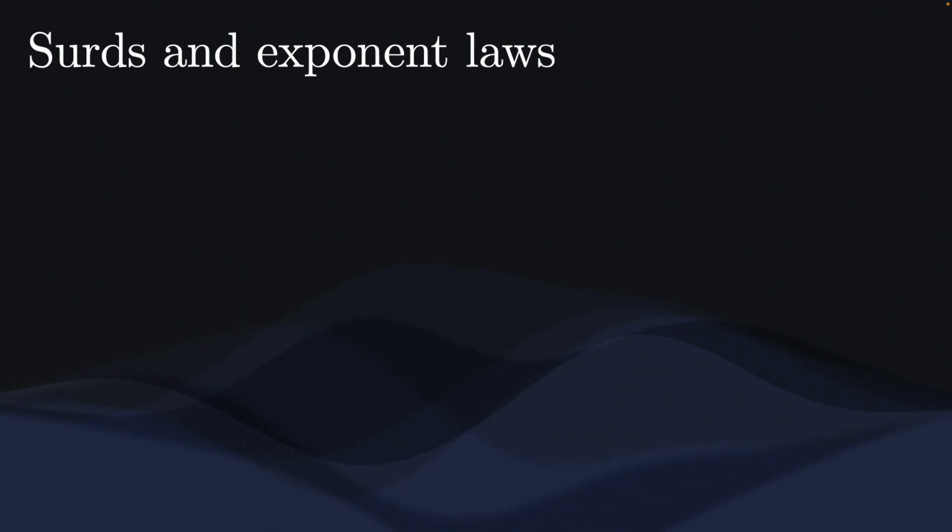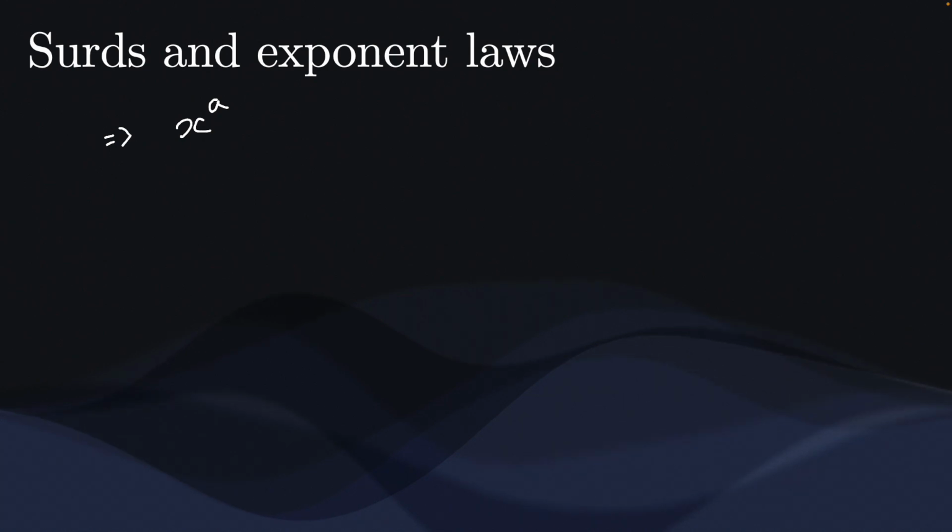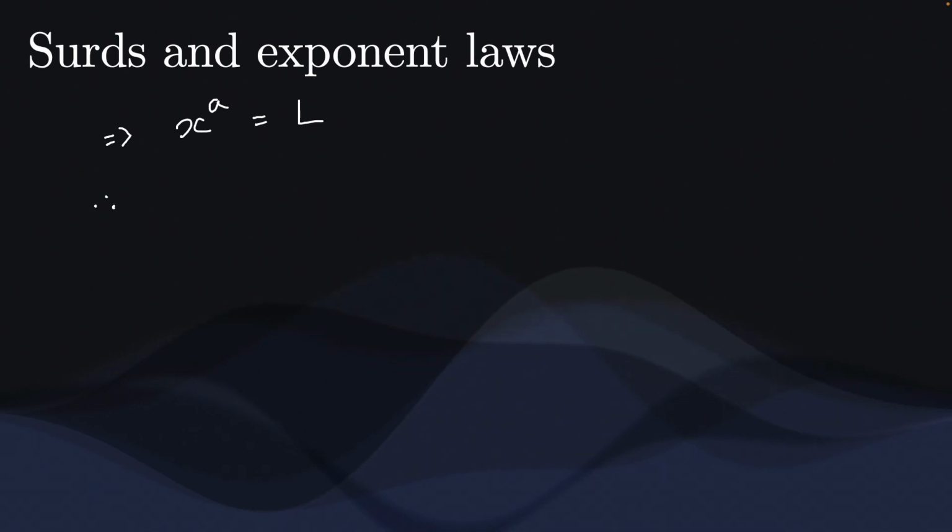So if we have some number x and we put it to the power of some number a, and we say that it is equal to L, some random number L. Now what happens then if we want to make L squared? If we want to square L, well, that means we have to do the same on both sides.